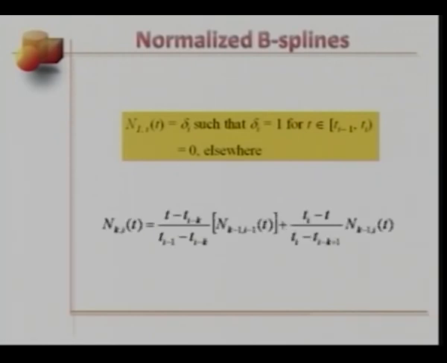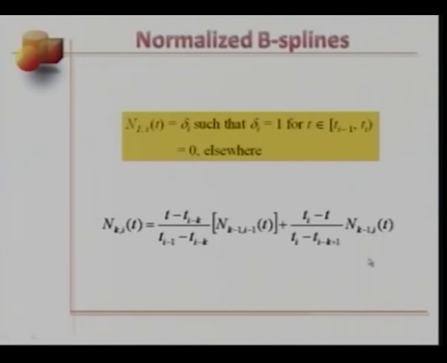In general, the recursion formula is given by N_{k,i}(t) equals (t - t_{i-k})/(t_{i-1} - t_{i-k}) times N_{k-1,i-1}(t) plus (t_i - t)/(t_i - t_{i-k+1}) times N_{k-1,i}(t).